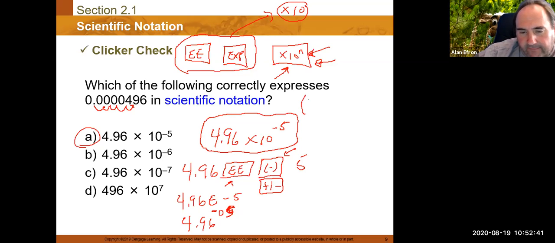So you would go 4.96, put the parentheses first, hit your exponent button, and then it will put up 4.96 times 10, with a little box up here. Then you could do the -5, and hit the right arrow to bring it back down and close it off.